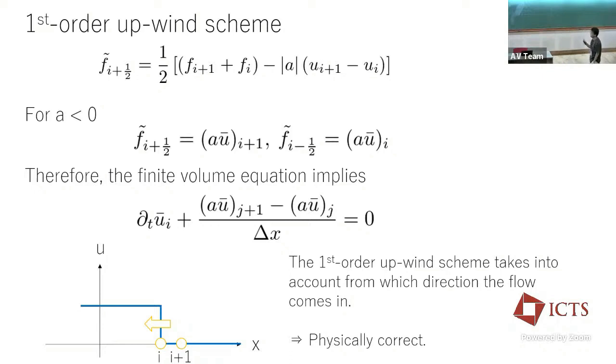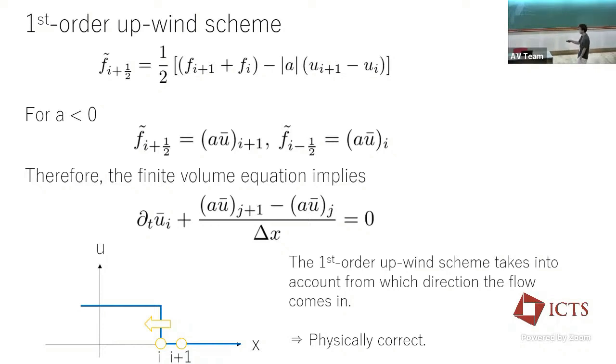So this is called the first order upwind scheme because you only take into account the information of the upwind. This looks very physically correct because you only take into account the information which comes from the propagation direction of the system.